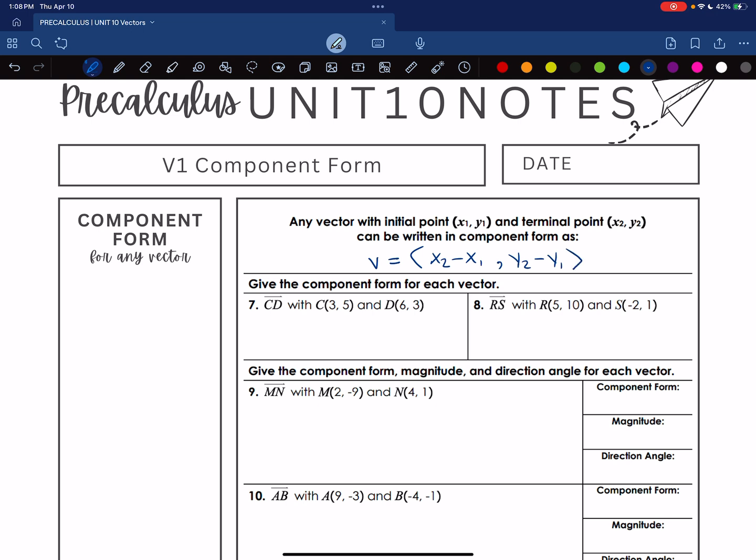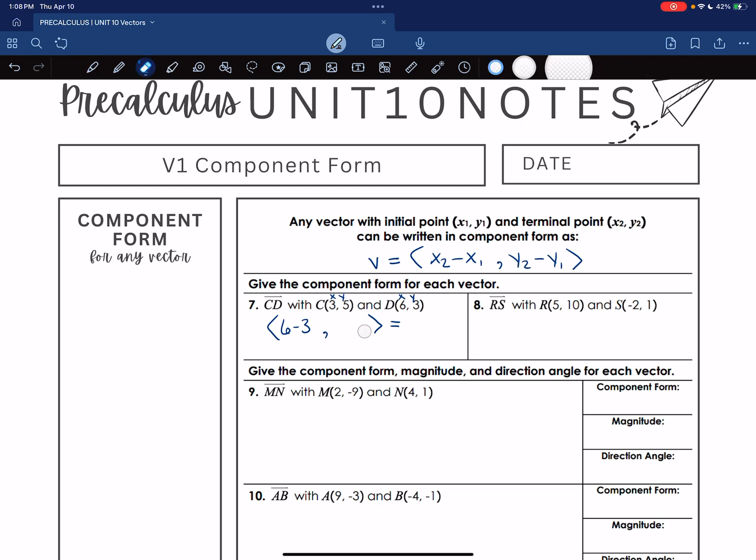So here, if we were going to write the vector CD in component form, then that would be to take the difference of your x's and the difference of your y's. That means that we would take 6 minus 3, that would be the A value, and then 5 minus 2, which is going to simplify to, I'm sorry, I had this backwards.